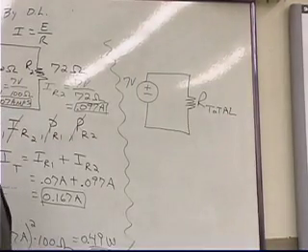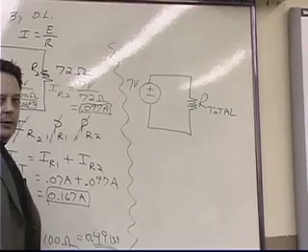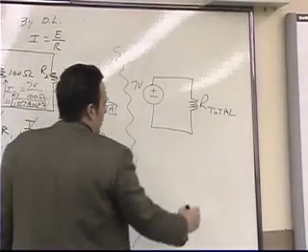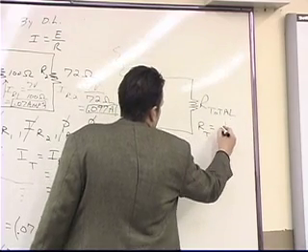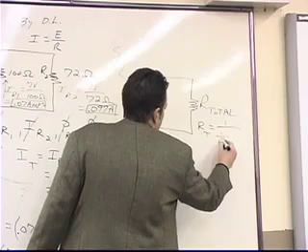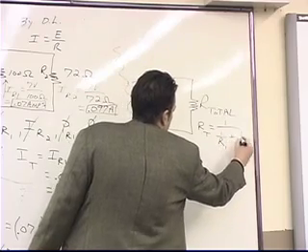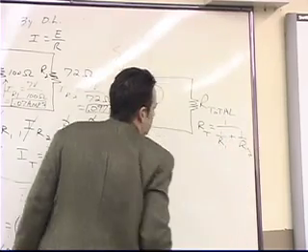Now, obviously the formula that I would use to find R total for parallel circuits is 1 over the inverse of R1 plus the inverse of R2.